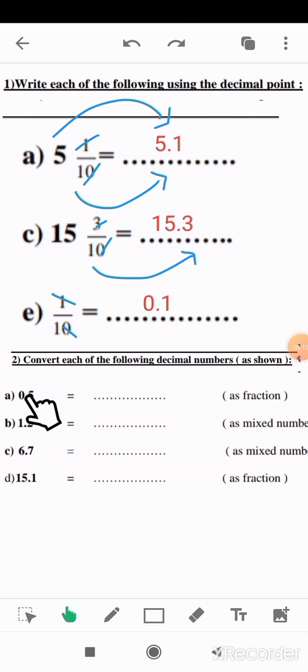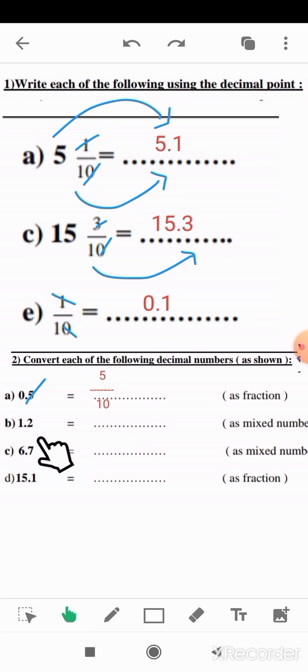I will put the fraction, and I have 5 here. 5 will go up the same, and I will ask myself how many numbers are after the point. I will find one number only, so I will put 10 only.